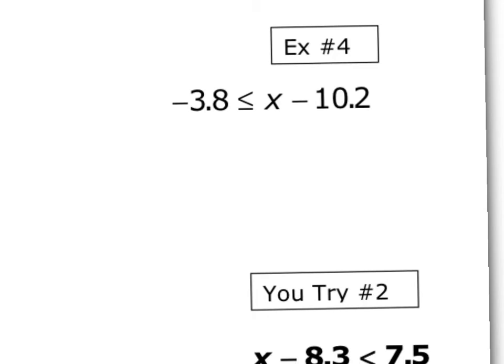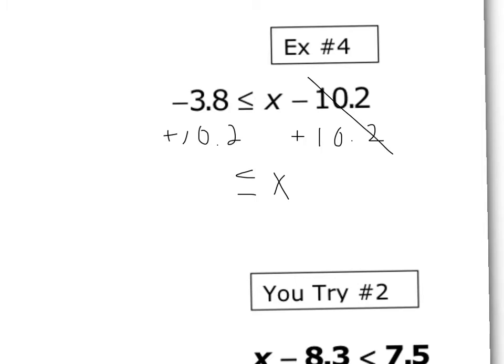Another example for you. Got to get x by itself again, so we're going to undo subtraction with addition. Those 10.2s cancel out. Bring down your x and your less than or equal to symbol.